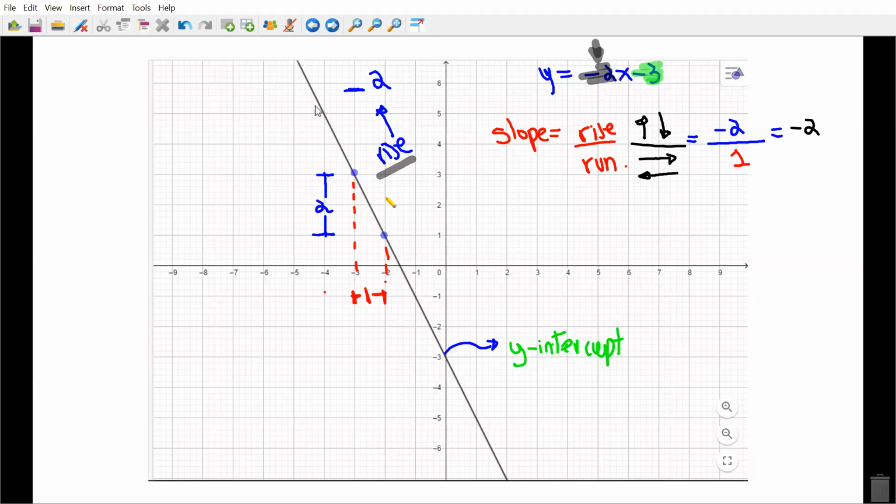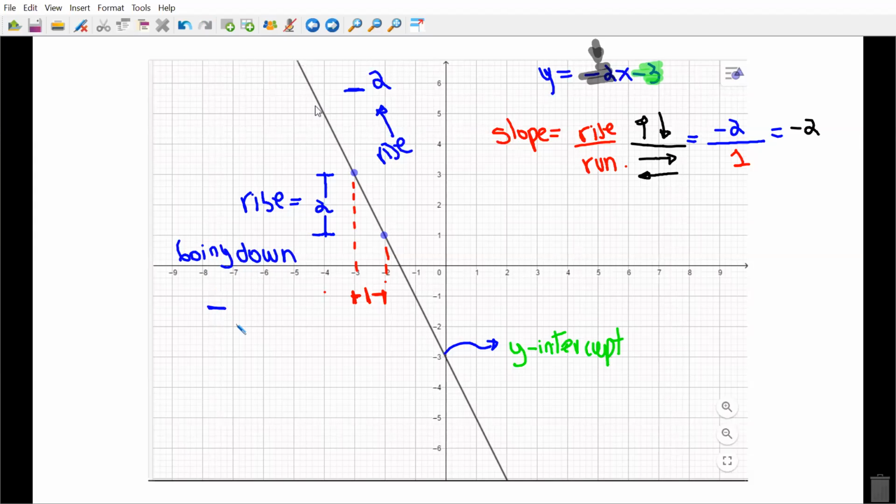Okay, so the rise is the difference between one point and the other point. This is going to be called the rise, and I'm going to use blue here. Yes, it's going to be 2 units, but because you were going down, the answer is going to be negative, right?